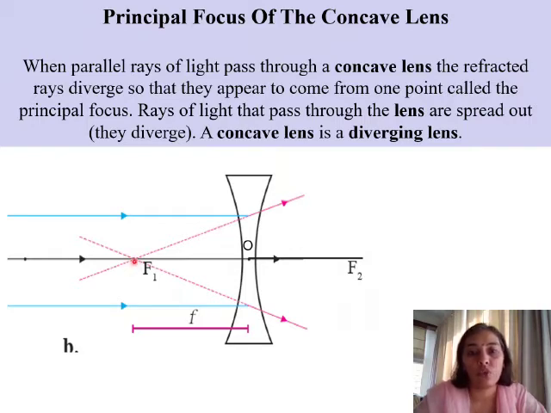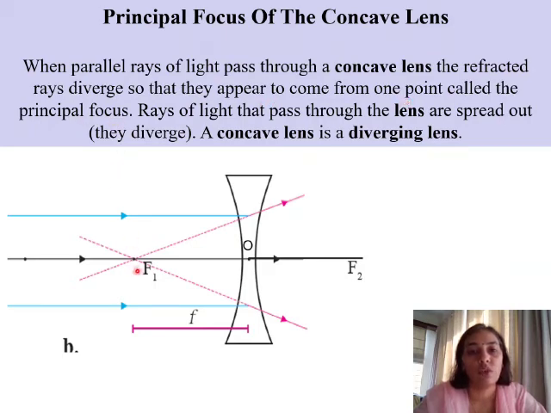So it appears to us as if the rays of light are coming from this point, and this point on the principal axis where it appears as if the rays are diverging is referred to as the principal focus for a concave lens. So when parallel rays of light pass through a concave lens, the refracted rays diverge so that they appear to come from a point called the principal focus.